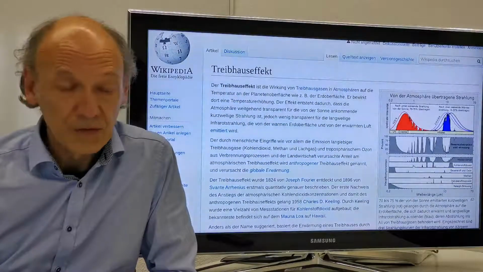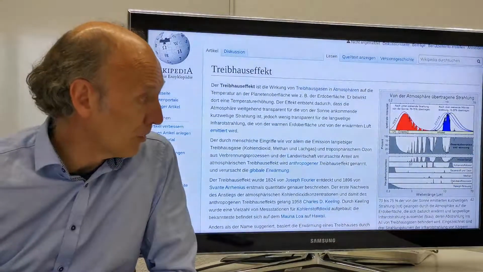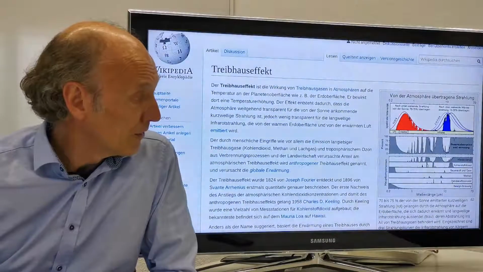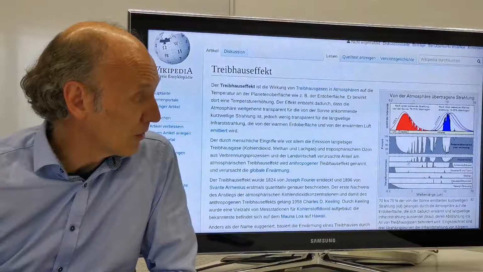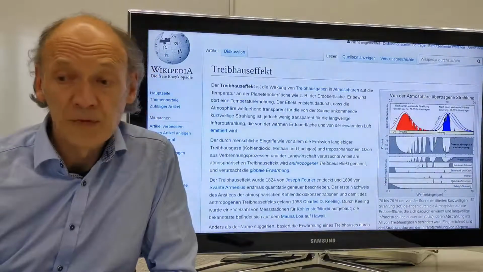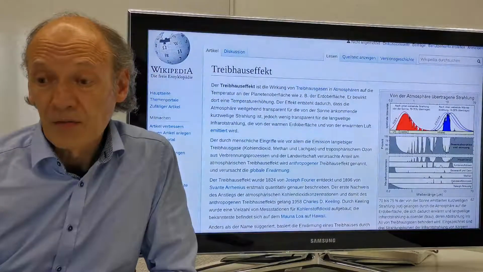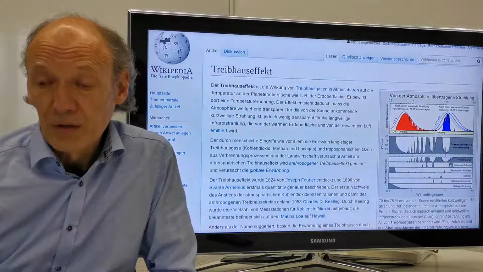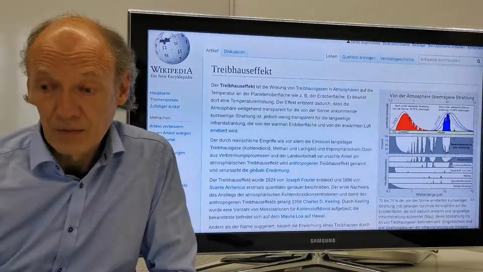Then the next one is CO2, carbon dioxide. And you can see in principle the same effect. We have passing of visible light, and then there are several absorption bands in the infrared range.